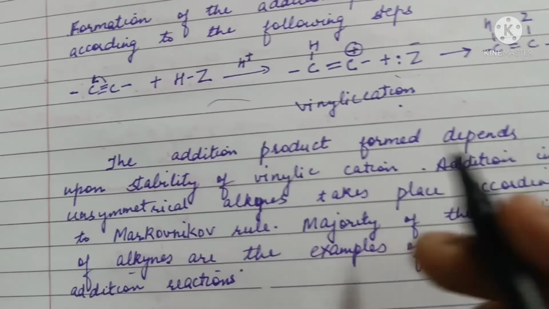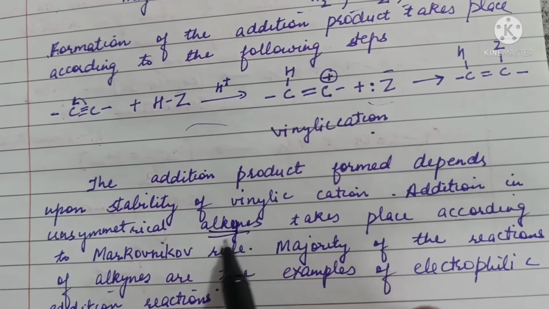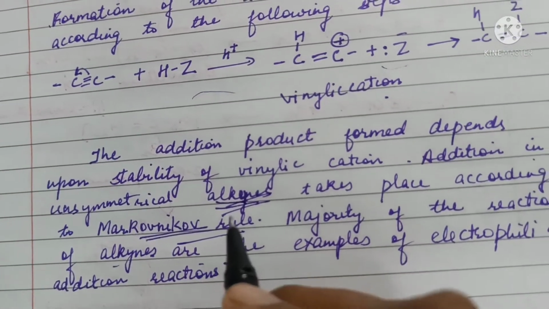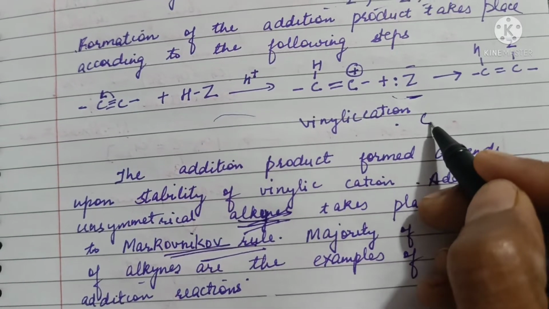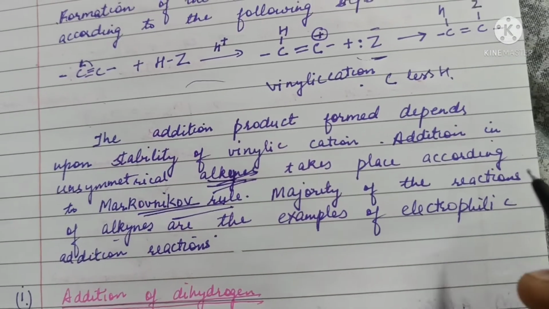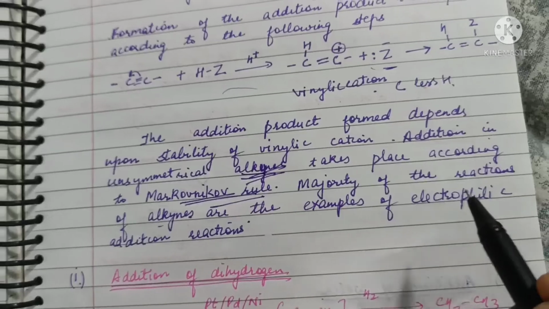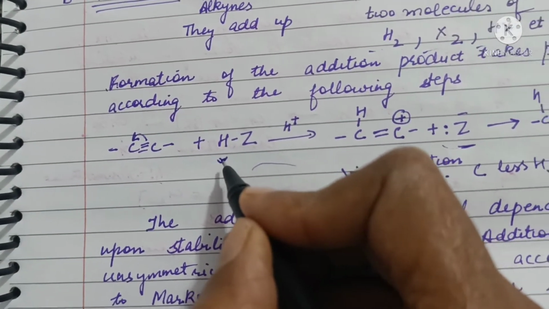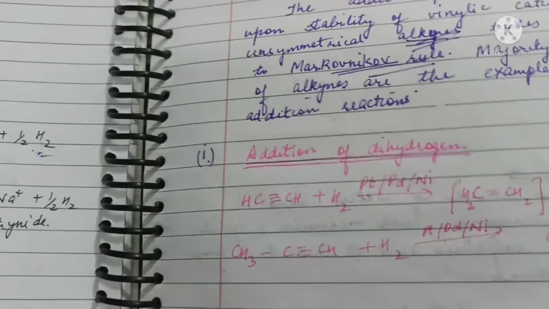Now, whenever addition takes place to an unsymmetrical alkyne, it will take place according to Markovnikov's rule. That is, the negative part of the adding molecule will go to that carbon atom which contains less number of hydrogen atoms. Majority of reactions of alkynes are examples of electrophilic addition reactions. That is, the positively charged electrophile is added first and then followed by addition of nucleophile.